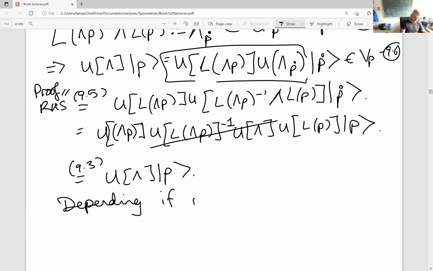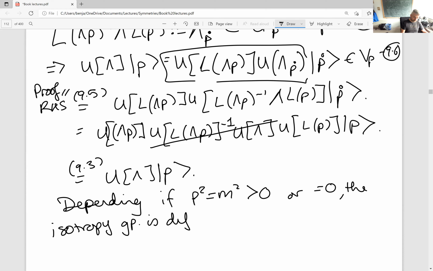If P squared, which is m squared, is greater than 0 or equal to 0, then the isotropy group is different. So we consider each in turn.